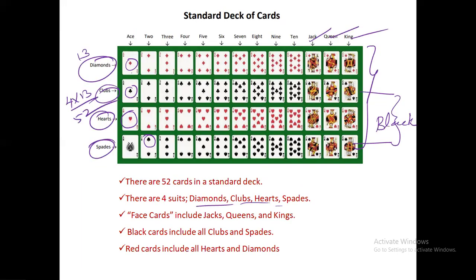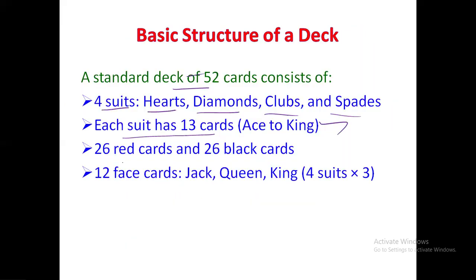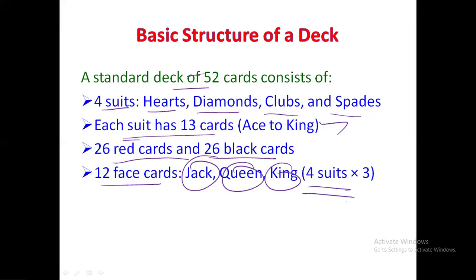We are not calling the first card one, we call it ace. Then it goes 2, 3, up to 10, then jack, queen, and king. So 4 times 13 is 52 cards, 26 red cards and 26 black cards. 12 face cards: jack, queen, king, so 4 times 3 is 12 face cards.